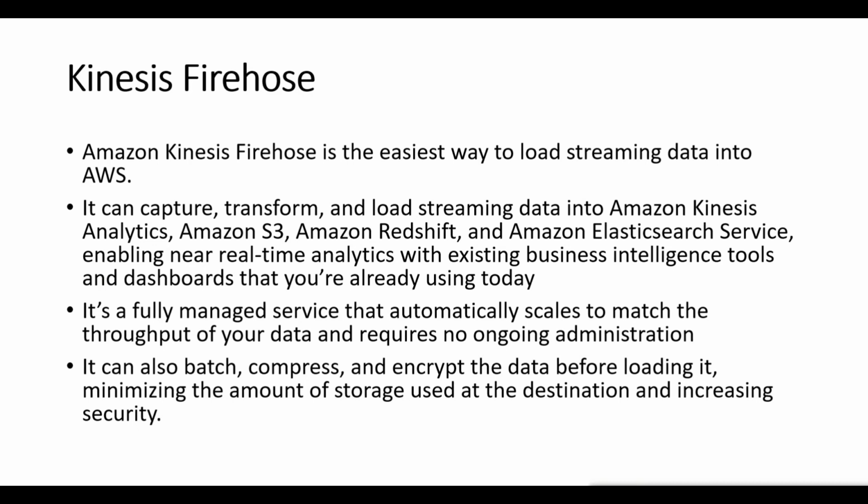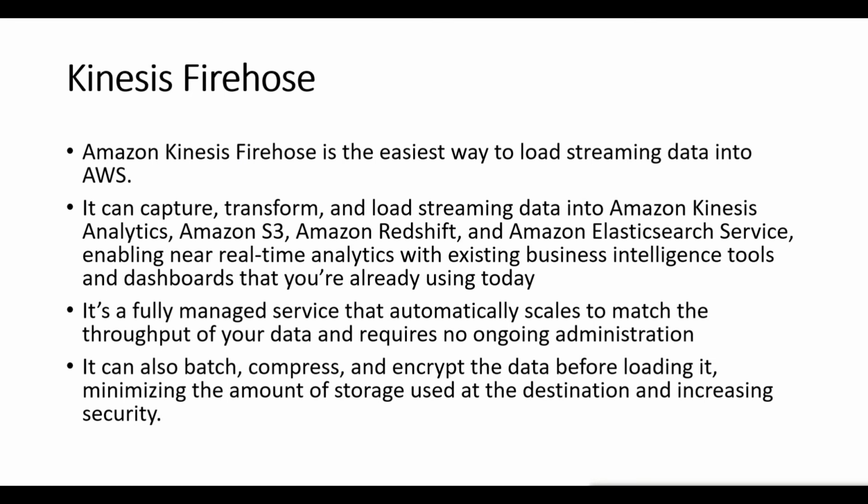As you go through the slide, Amazon Kinesis Firehose is the easiest way to load streaming data into AWS. It can capture, transform, and load streaming data into Amazon Kinesis Analytics, Amazon S3, Amazon Redshift, and Amazon Elasticsearch Service, enabling near real-time analytics with existing business intelligence tools and dashboards that you are already using today.